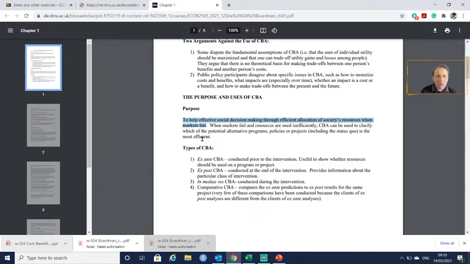Just a little bit such as in forecasting, where we compare the validation period with the same regression that we had during the training period. So very few of these comparisons have been conducted because the clients of ex post analysis are different from the clients of ex ante analysis.